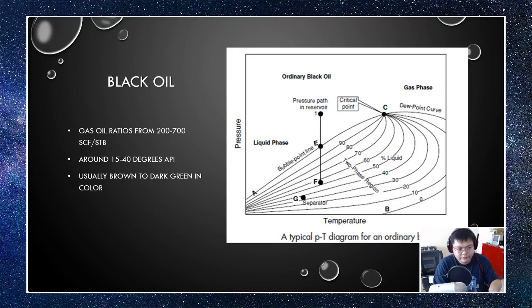However, as the oil travels from 1 to E, the pressure decreases, and then you hit the bubble point, and then from E to F, pressure decreases even more, and now you have an ecosystem where you have both liquid and gas.